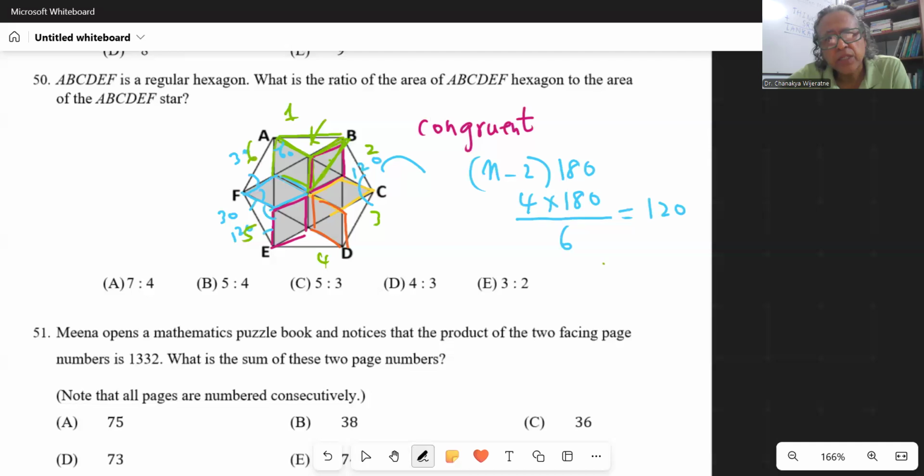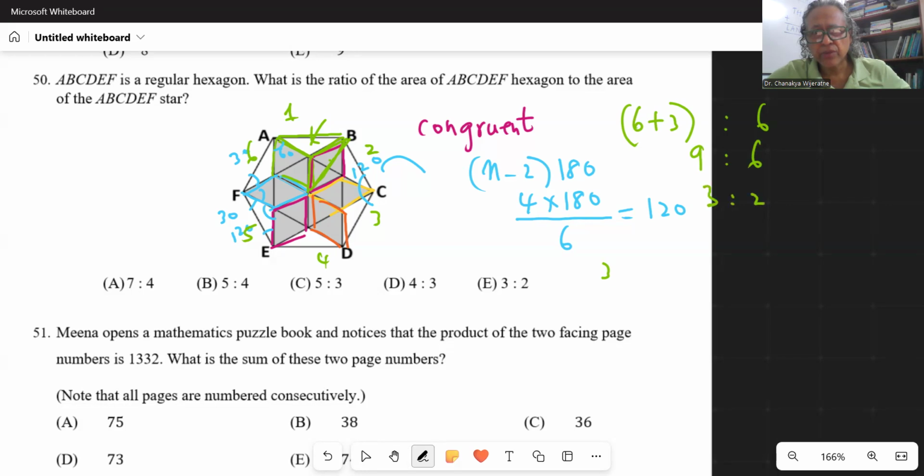That means 3 rhombuses. So the hexagon is made of how many rhombuses? It is 6 plus 3 rhombuses. And the ratio is 6 plus 3 to 6, so 9 to 6, and that means 3 to 2. So the ratio is 3 to 2.